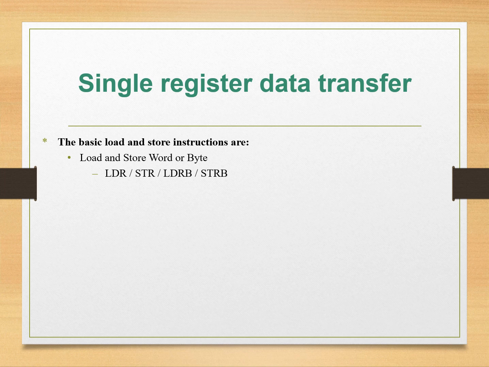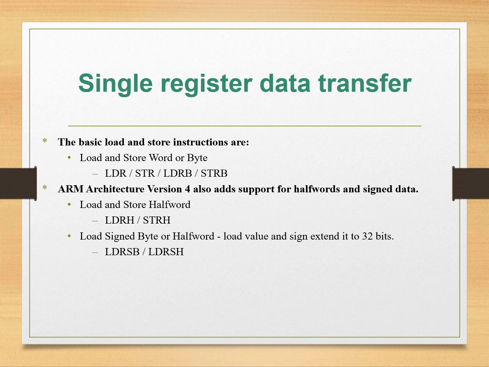Okay? LDR, LDRB, STR, STRB. These are the basic load and store instructions, where our version 4 also adds support of half-word and signed data. Okay, some of it we are not discussing here in our scope.